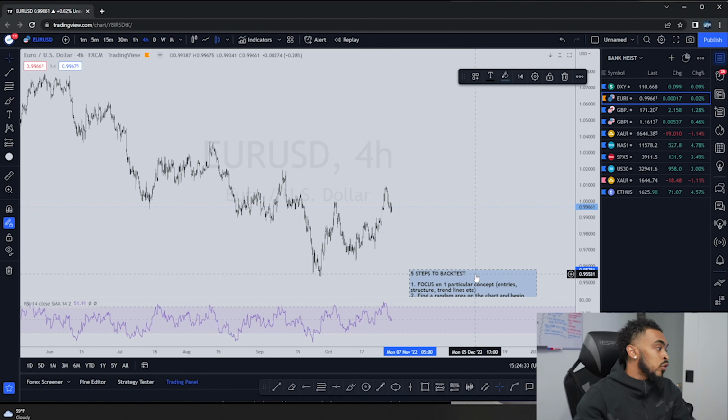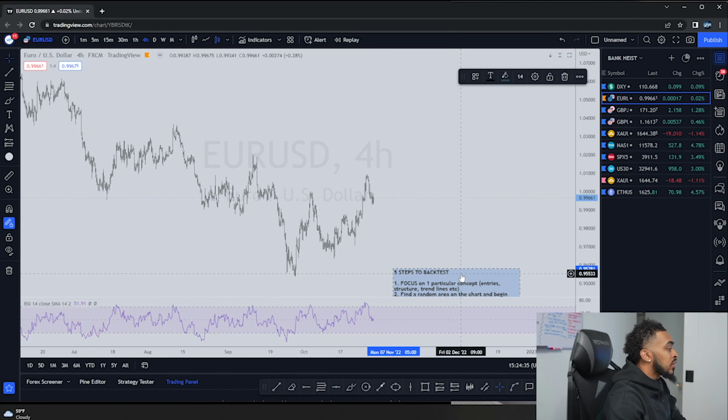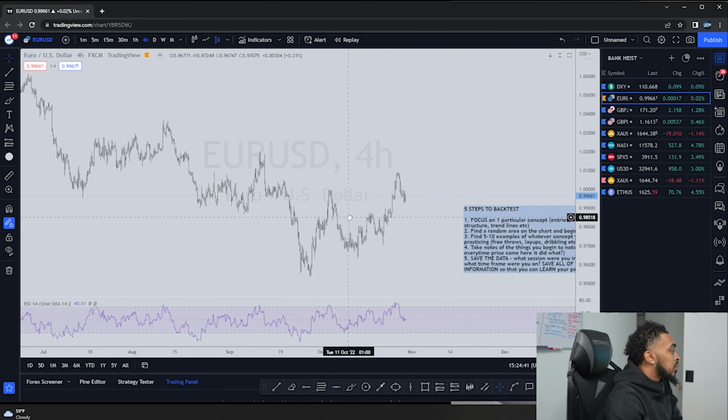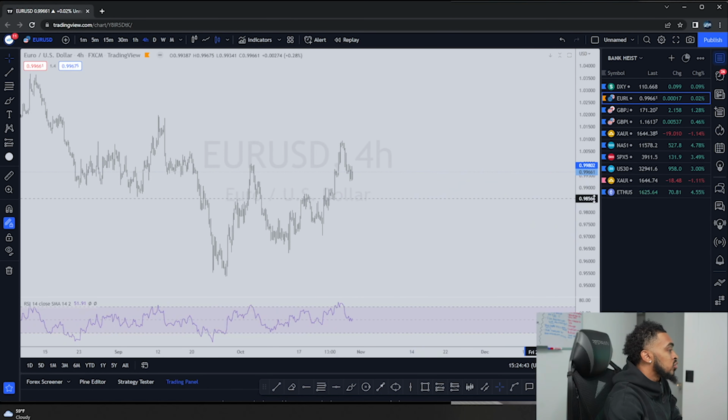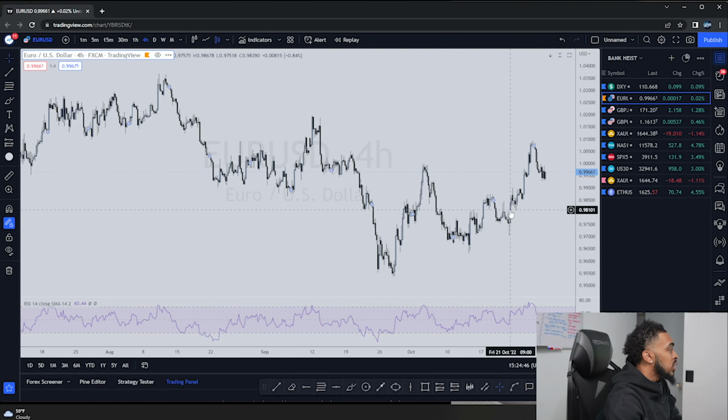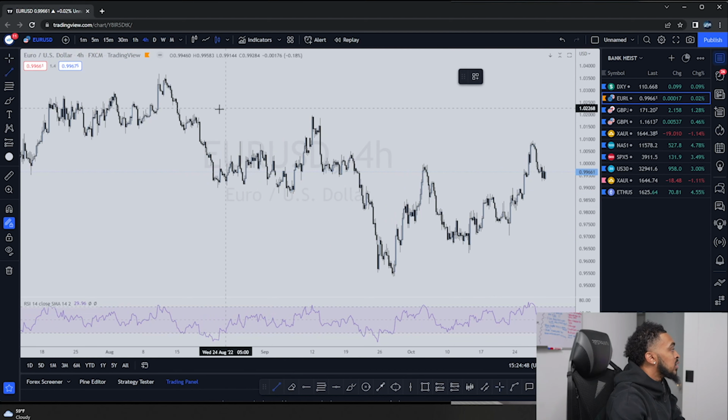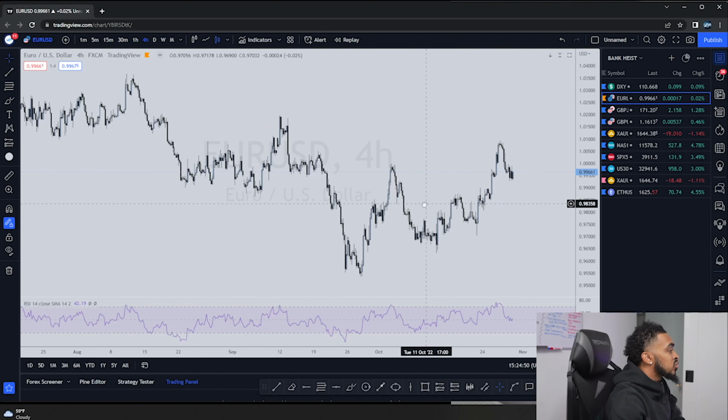We don't want to do a whole bunch of those things at one time, right? We want to focus on one concept first and then master that, and then we move on to the next concept, right? So like I said, if I'm focusing on entries, I'm going to focus on that. If I'm focusing on structure, I'm going to focus on that. In this case, I'm just going to focus on trend lines, right? So if I'm focusing on trend lines, then I ultimately need to only go back and backtest trend lines, right?